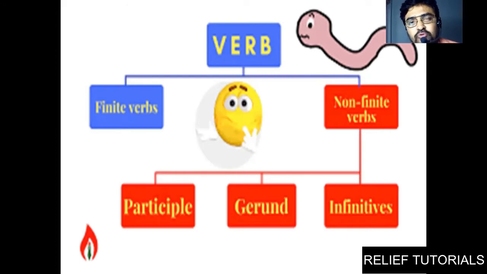But if I have to show that yesterday at this time I was traveling to Mumbai or Ahmedabad, the time is past, and the situation was continuous. Action was continuous at a certain time in the past.